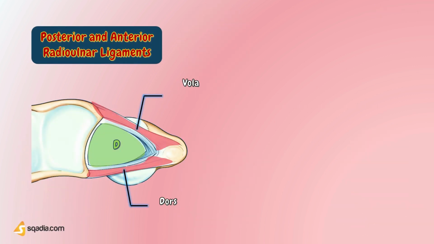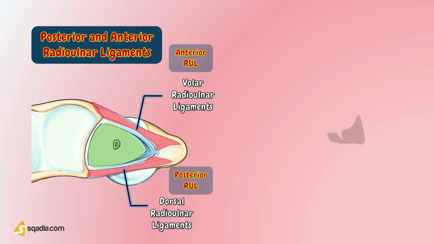Surrounding both the fibrocartilaginous disc and meniscal homologue are two ligaments called the dorsal and volar radioulnar ligaments, also called the posterior and anterior radioulnar ligaments.